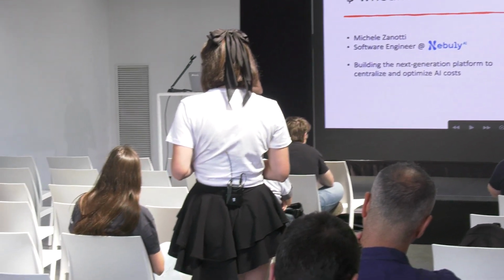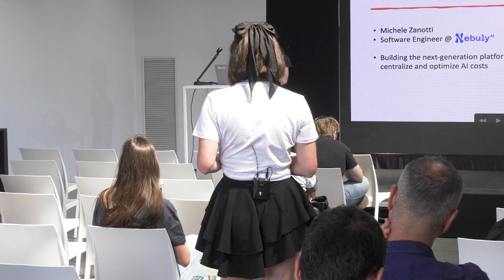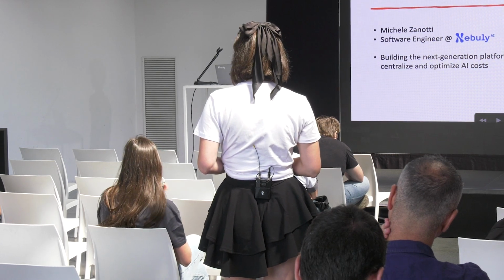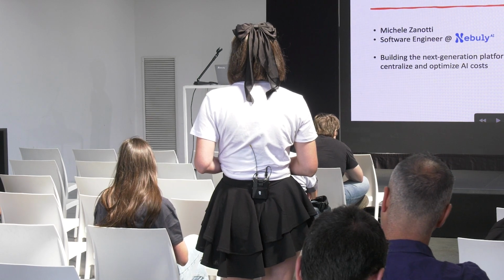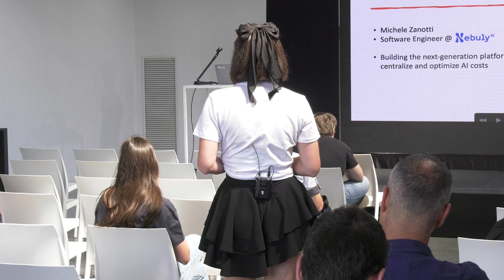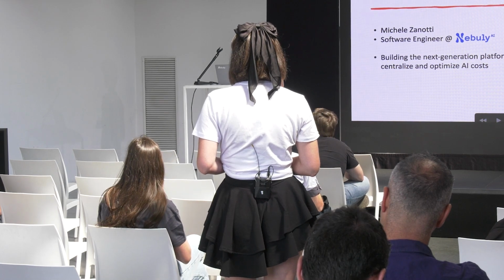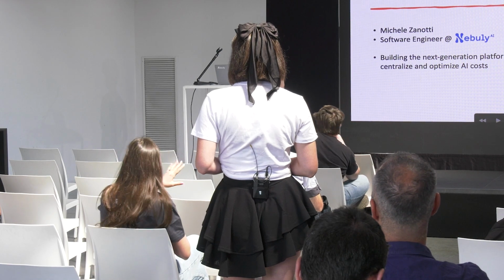Volevo chiederti di Run AI, se lo conosci. Conosco benissimo. Ricade in questa area, no? Viene utilizzato per fare il frazionamento dinamico delle GPU. Esatto. Rispetto a quello che ci hai raccontato, ci sono delle differenze?